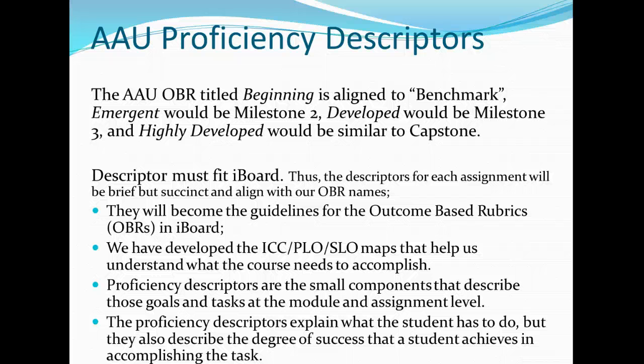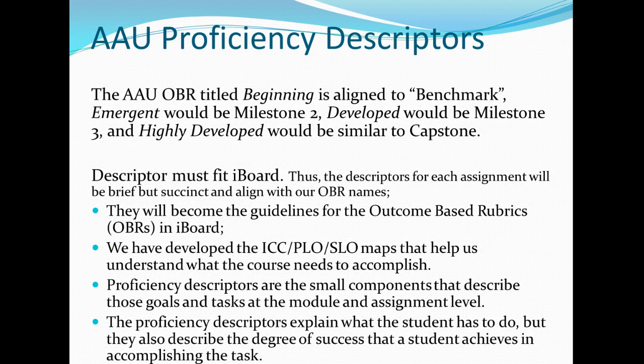The descriptor has to fit in iBoard, as I mentioned. It will become the guideline for the outcome-based rubrics, and we've already developed the maps that help us understand what the course needs to accomplish for our core curriculum. But there are courses that are not included in the core curriculum, i.e. they are not required courses in the student's program.